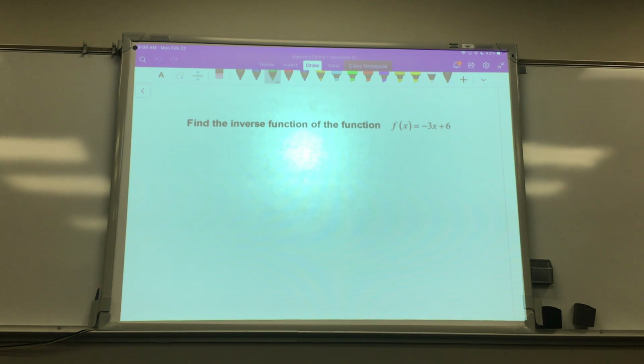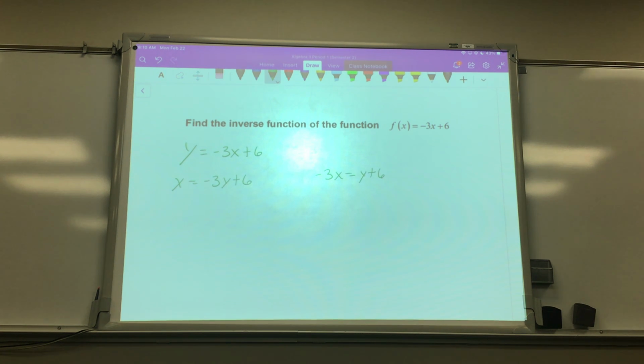It's up pretty good. Okay, so f of x, that's just y, right? So y equals negative 3x plus 6. Okay, Matt, what's the next step? What do I get when I flip x and y there? Common mistake I will see is that you're not flipping those terms, you're just flipping x and y, correct?